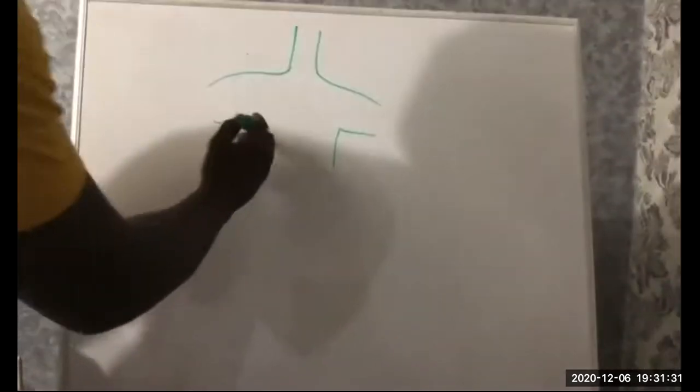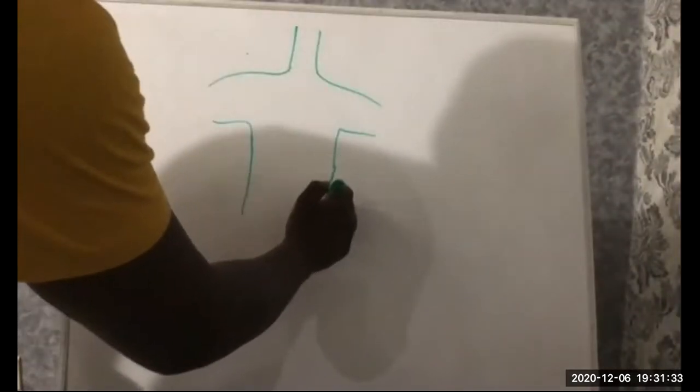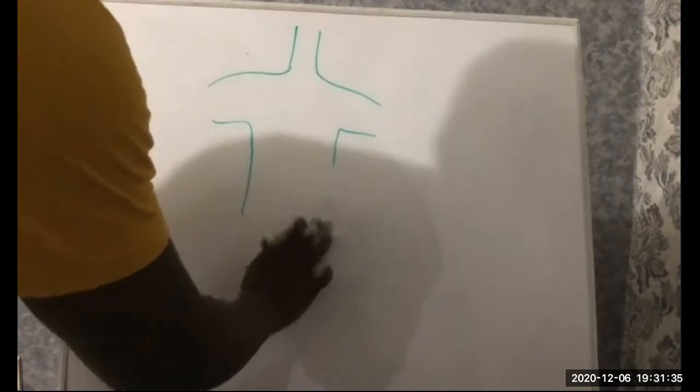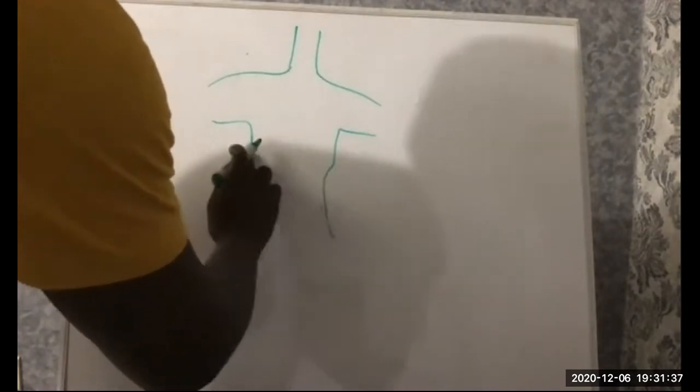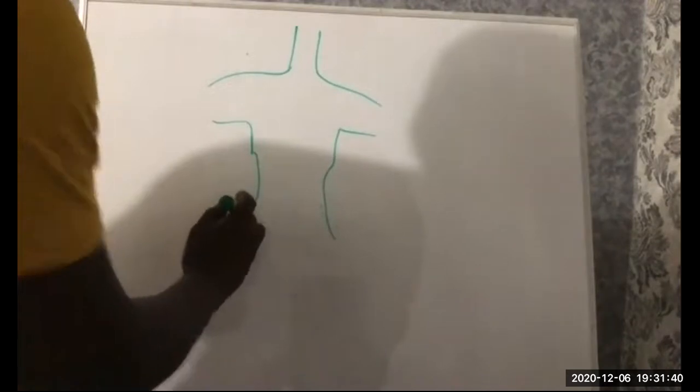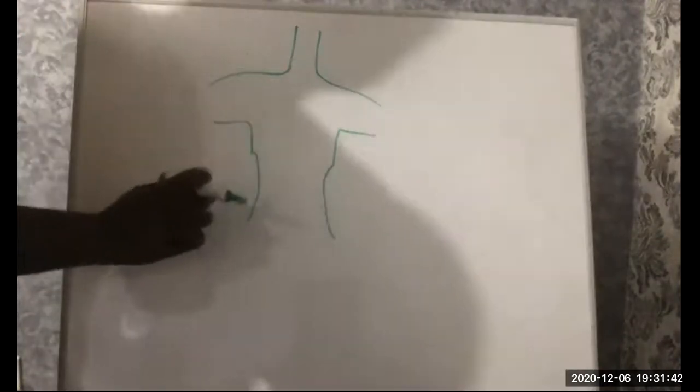So with this patient, they are saying that if you look at the lateral diameter, let me just draw an example of somebody's chest here. I don't know whose chest, but it's somebody's chest. And they are saying that the lateral diameter is reduced.